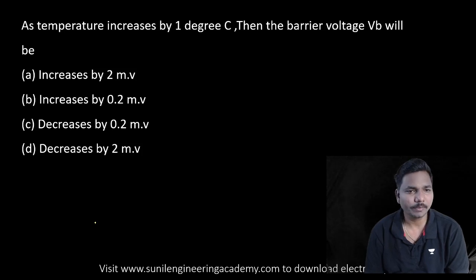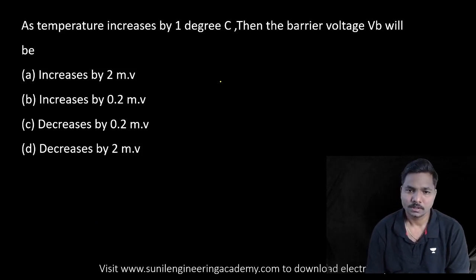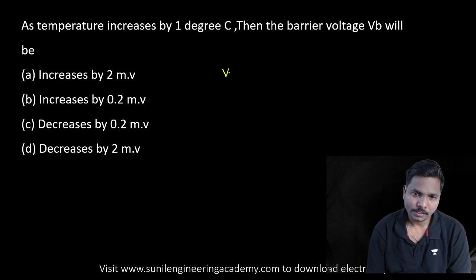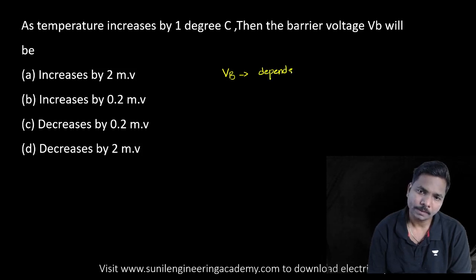Barrier voltage VB will be dash. Here the barrier voltage VB depends on temperature. What is the effect of temperature on VB? VB changes by minus 2 millivolt per degree centigrade.